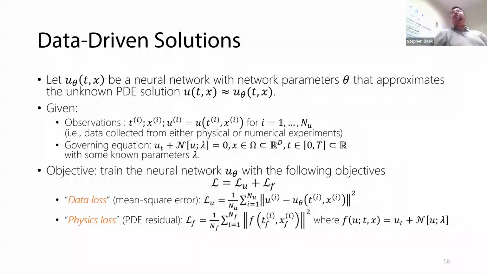Yes, yes. So if you have both physical experiment data and numerical data, then you probably want to treat them differently. For the numerical data, since the numerical data is deterministic, practically what people do is to add some noise to inject some uncertainties.